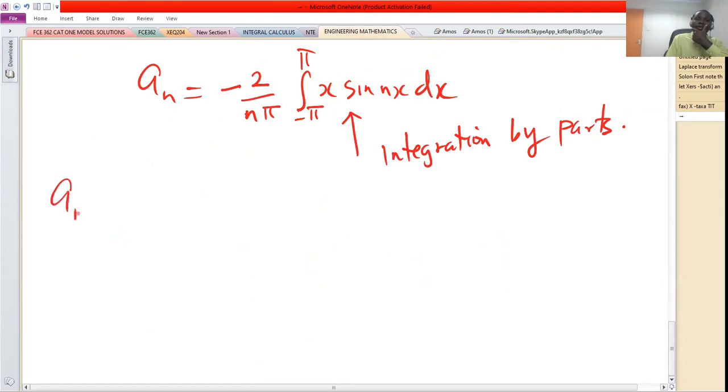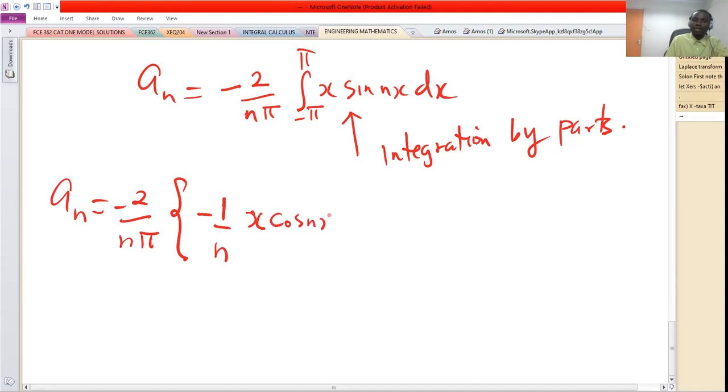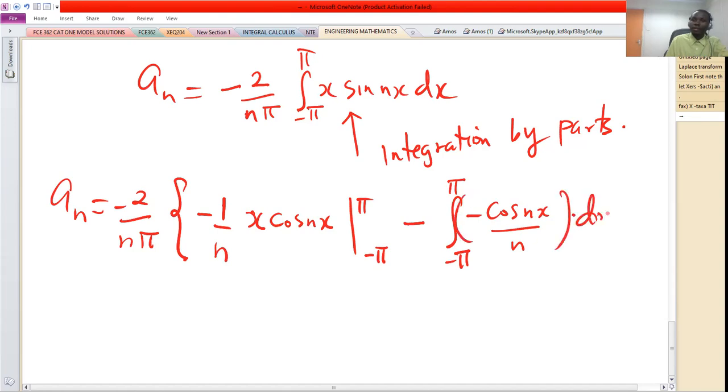So an will be minus 2 over n pi into minus 1 over n x cosine of nx from minus pi to pi minus integral from minus pi to pi of minus cosine of nx over n dx.